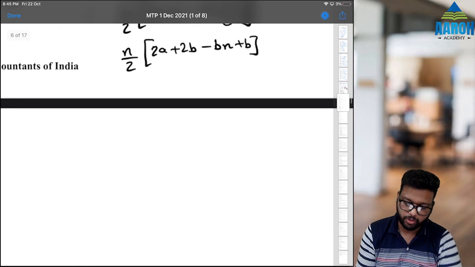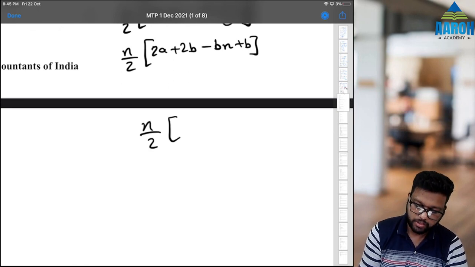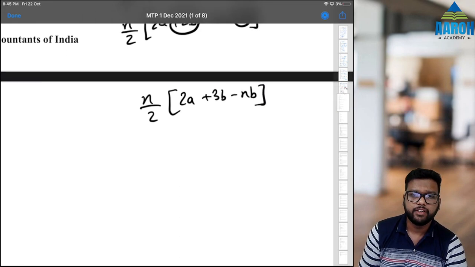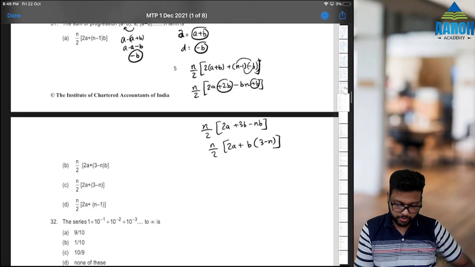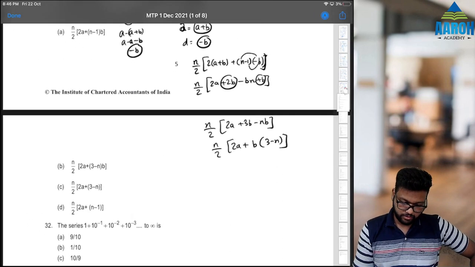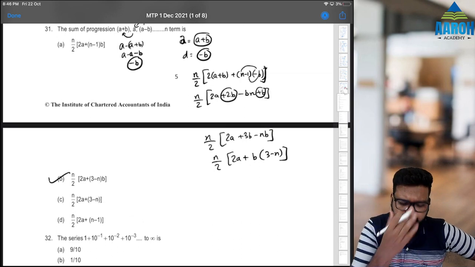Okay, they have taken B common afterwards. Okay, no problem. So it is n by 2 into 2A plus 2B plus B is plus 3B minus nB. Okay. Let's take B common, so it will be n by 2 into 2A plus B into bracket 3 minus n. Which option? Yeah, this. Option B is the correct answer.